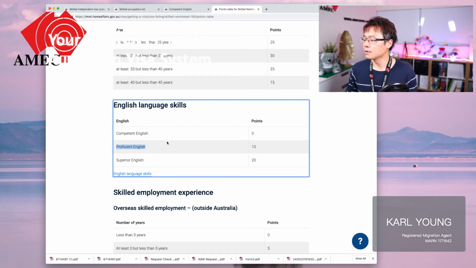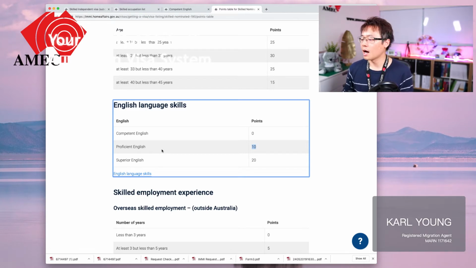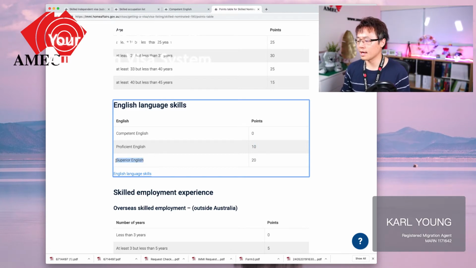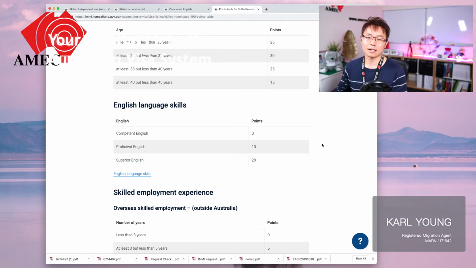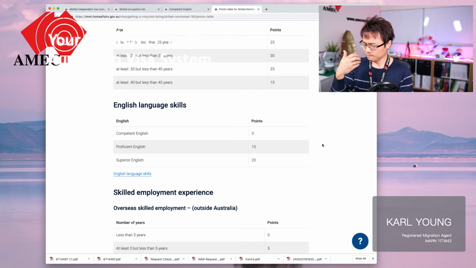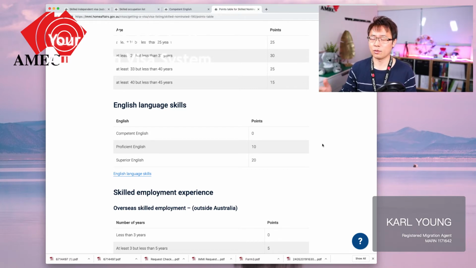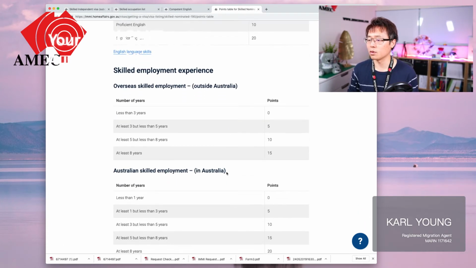Why bother? If you get IELTS 7, you get 10 points. And if you can improve further, I always recommend aiming at superior English level, which gets you 20 points. I can tell you this is very vital, because with that 20 points of superior English, from my experience, more than 80 percent of the time you get invited straight away, without having to wait for a while.